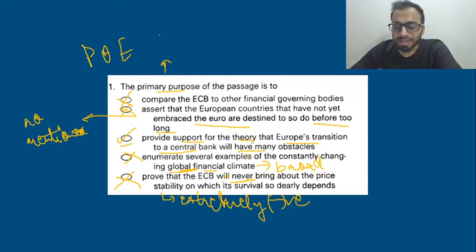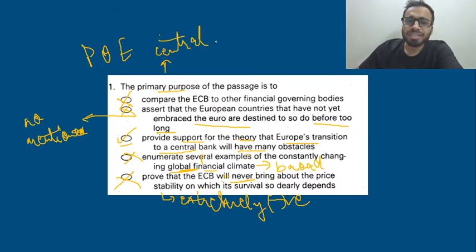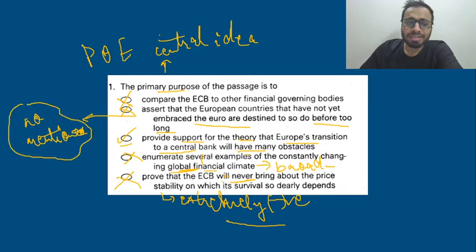To reiterate, whenever you get such questions where you have to find the primary purpose or the central idea of the passage, shy away from broad answer options, shy away from extremely negative answer options, and shy away from options with no mention, which means they're irrelevant or out of scope. Don't pay any heed to these. And always follow the process of elimination.